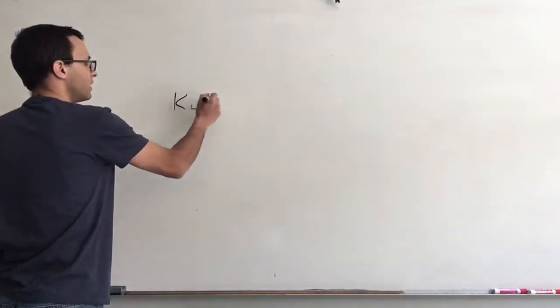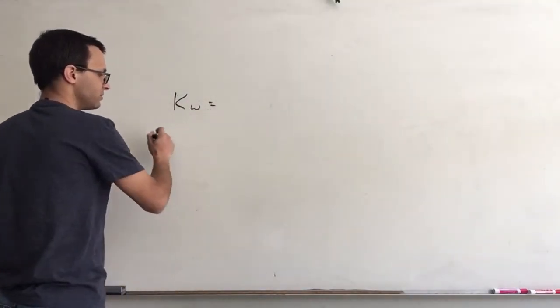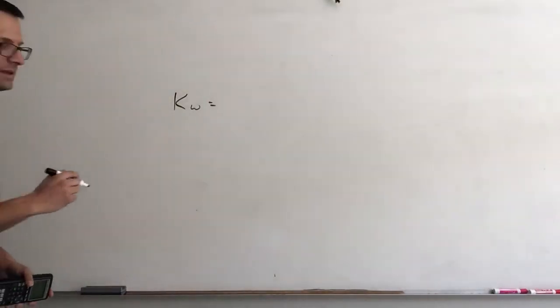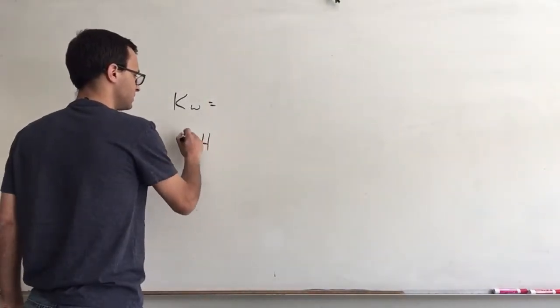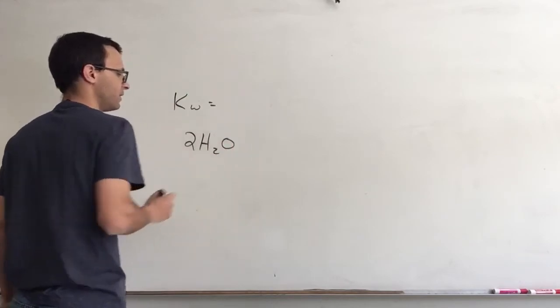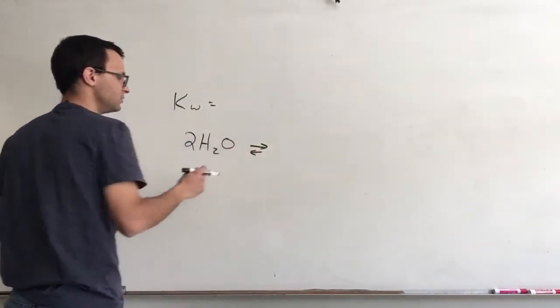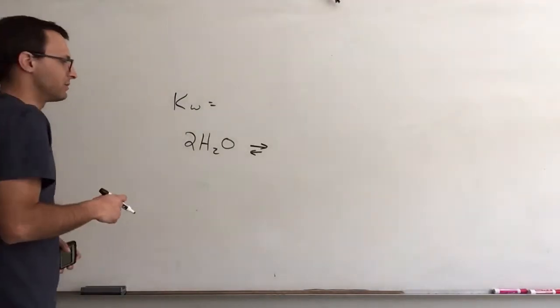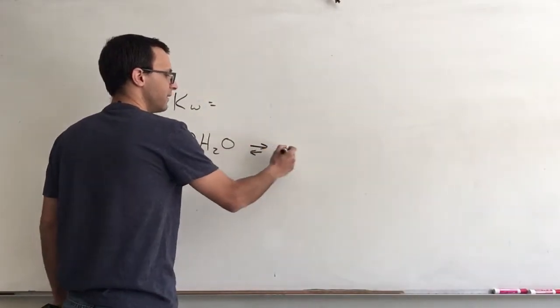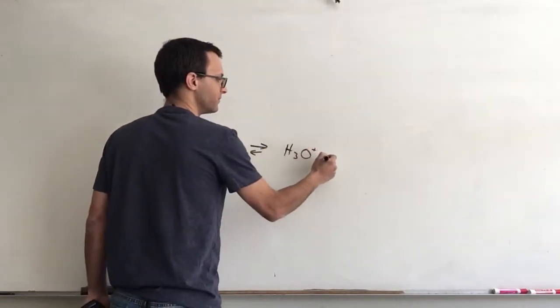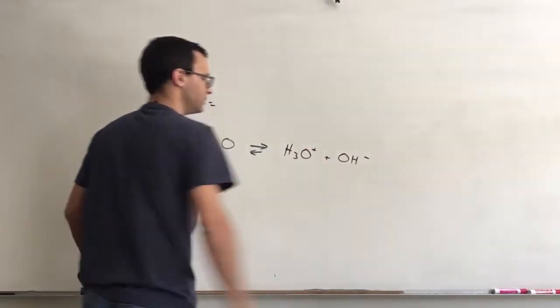Kw is the equilibrium expression for water. This is called the auto-ionization of water. So if you take water, it is going to break up into hydrogen and hydroxide ions. One of the waters will give a hydrogen to the other one, and you will end up with this kind of thing.